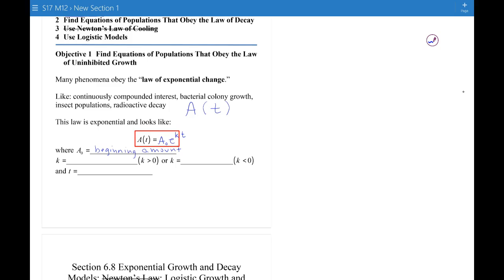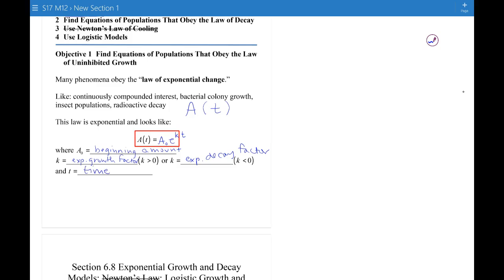And k is called the exponential growth factor, wherein k is bigger than 0, or it's the exponential decay factor if k is negative, and t is time.